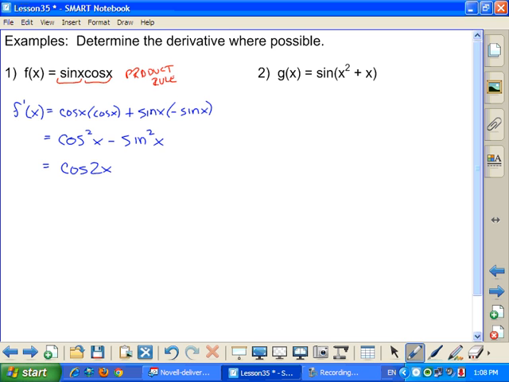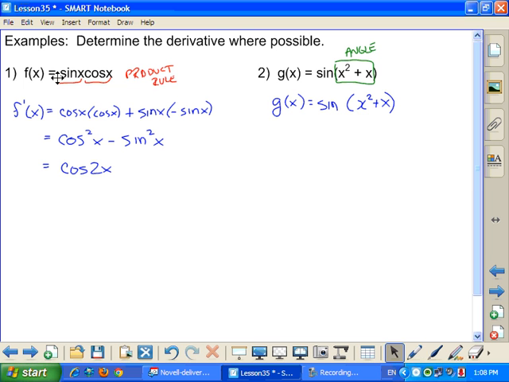The next one, please note, the angle is now this term here. So with that being the angle, I'll rewrite it one more time: sine of the angle, which is x squared plus x. So how do you deal with the derivative when the angle itself is an expression?